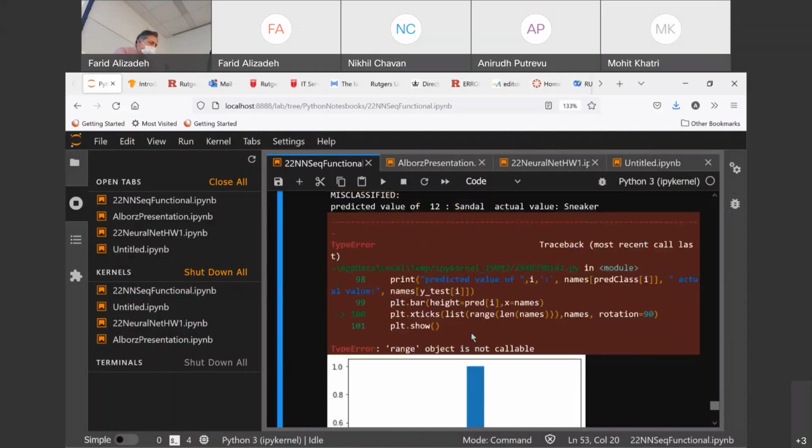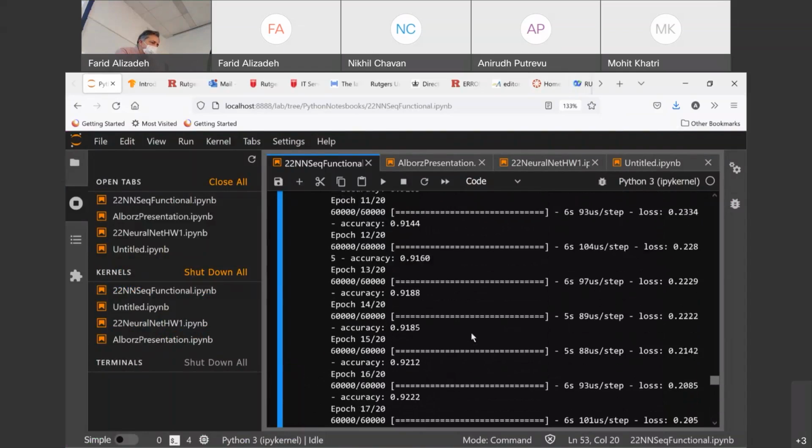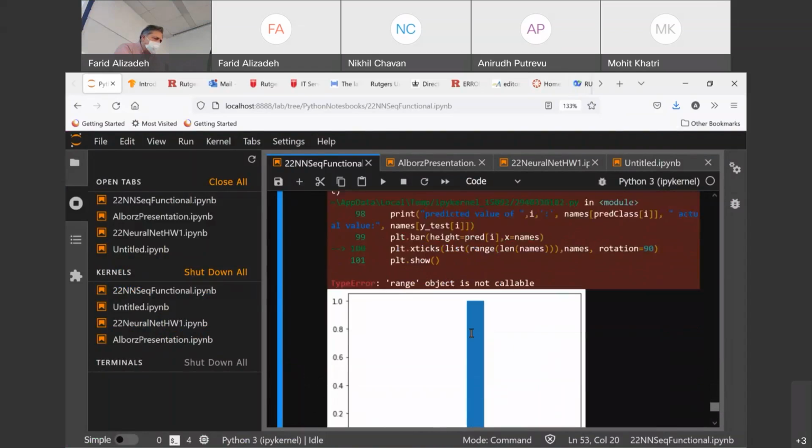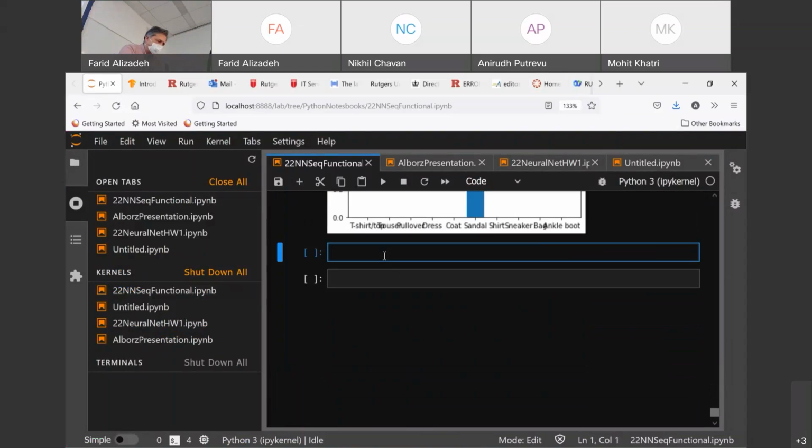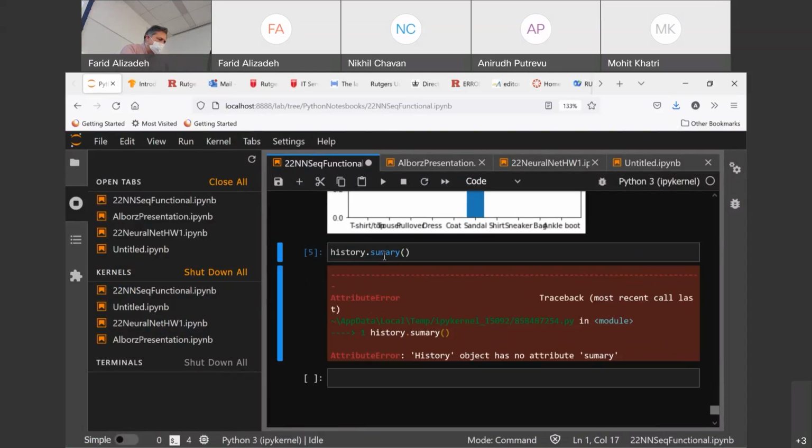Okay, so what do we call this network, right? Okay, I think it's network.